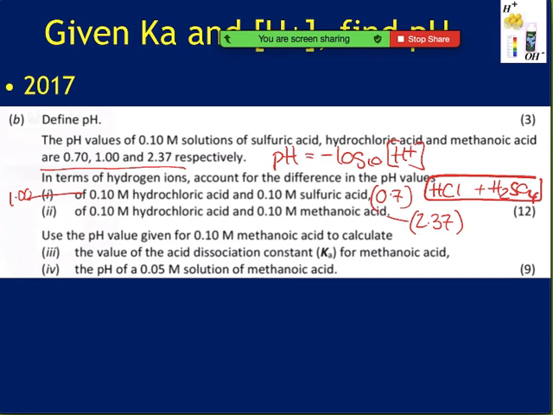So then if we look down to the next one, what's the reason why you're getting, again, a pH of 1 and a pH of 2.37? What do you know or can you infer about methanoic acid? What does it sound like? It sounds like something else we've done recently.